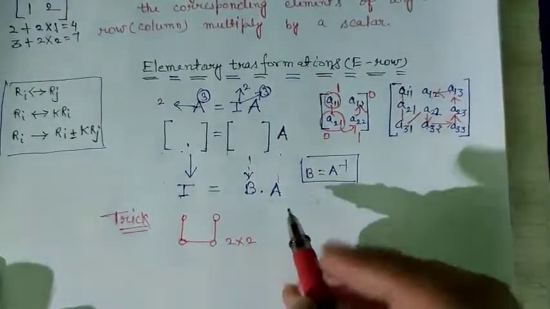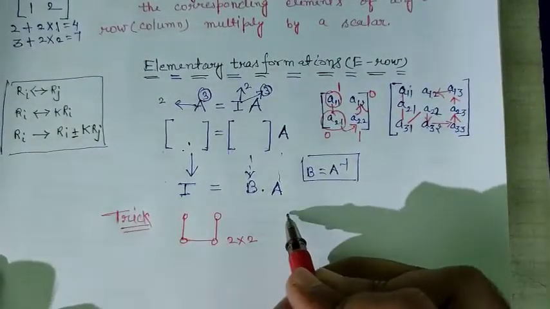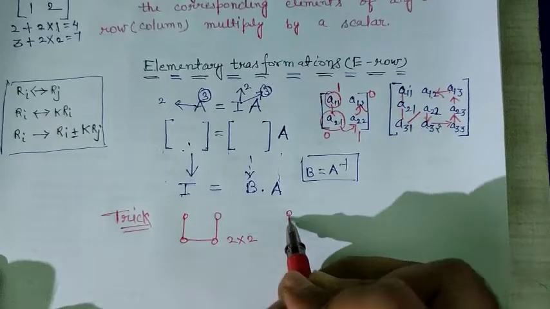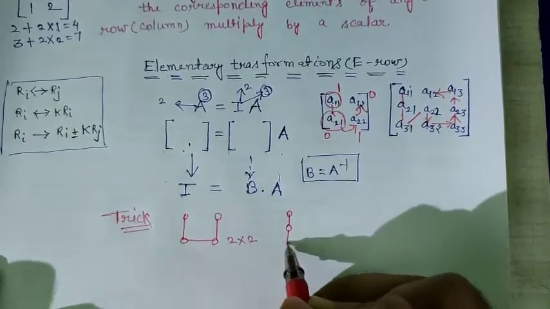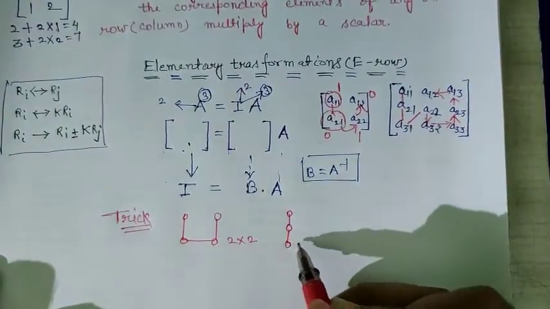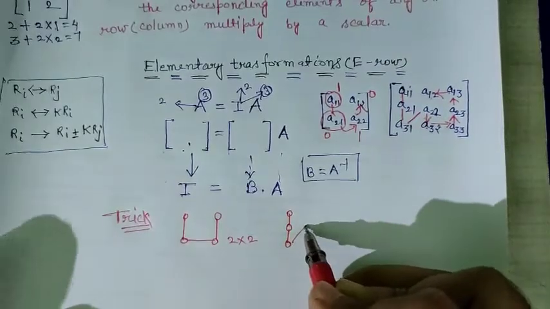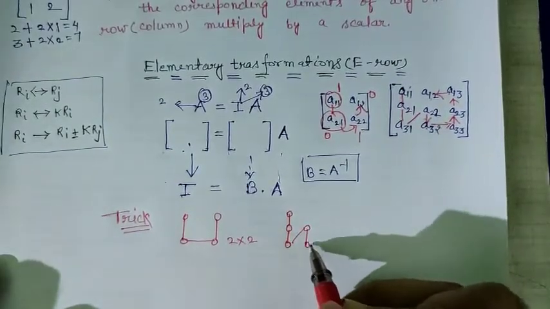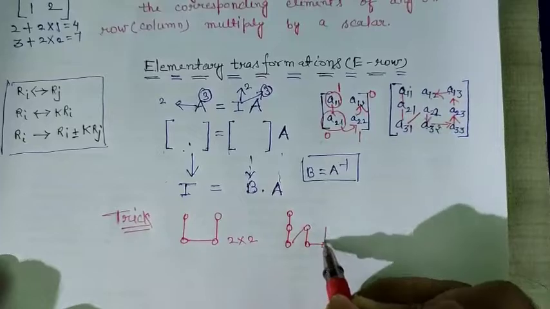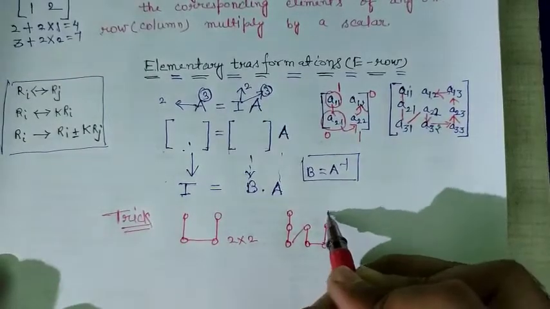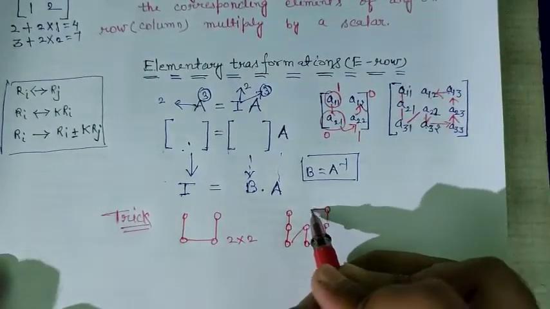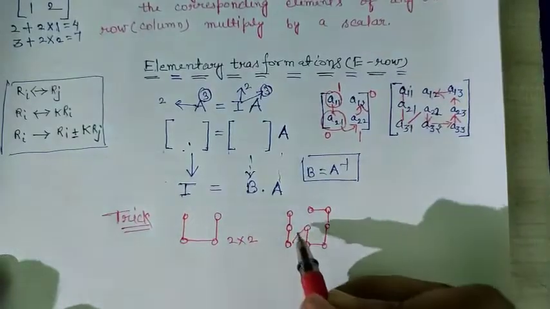By elementary row operations, you have to follow this for a 3 by 3 matrix. If you follow this rule, then it will be very simple for you to solve.